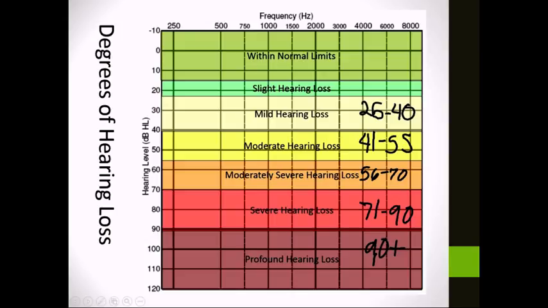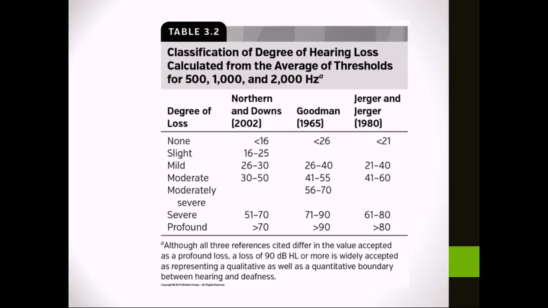And that's because children are learning so much through listening that even thresholds in the 15 to 25 dB range are not clear enough or intense enough for them to learn at full capacity. So for kids, even thresholds in the slight hearing loss range have been shown to have an impact.